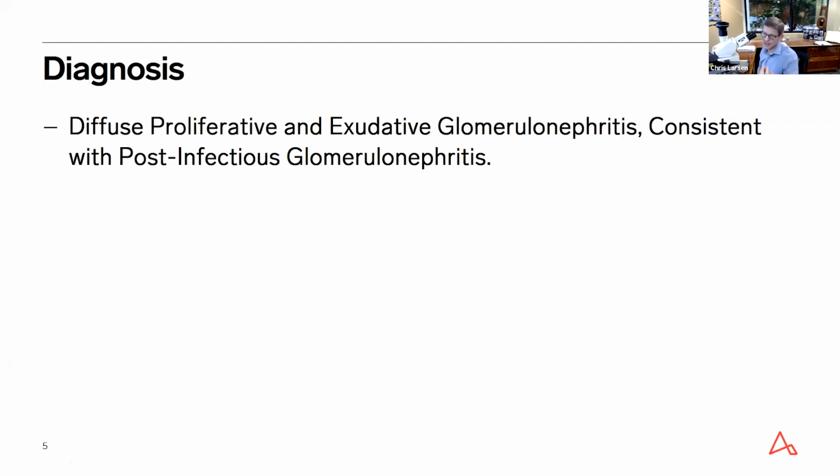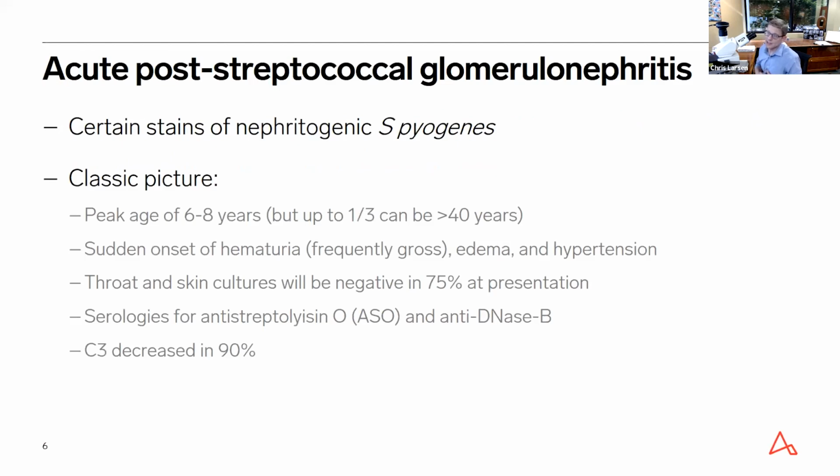So this is the classic post-infectious glomerulonephritis that you learned about probably in your medical school pathology class. And in fact, this is even consistent with that classic post-strep glomerulonephritis. Post-strep glomerulonephritis peaks in kids, usually, around the ages of 6 to 8. So the biopsy I've shown here is pretty classic, but you can see it in adults as well.